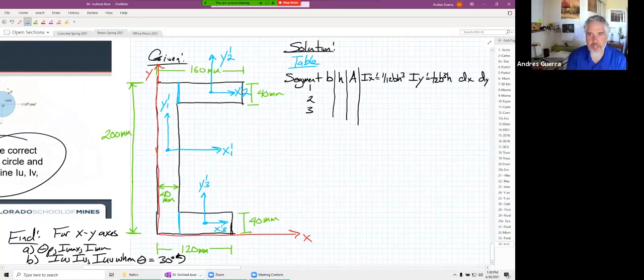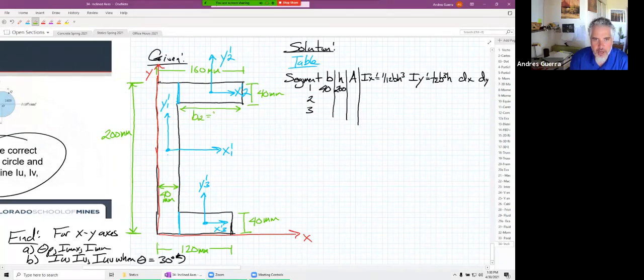And so for each of those segments, now we can start figuring out what B and H are. Well, for segment 1, isn't B equal to 40? H is equal to 200. For segment 2, B is equal to just this dimension right here. That's our B for segment 2.